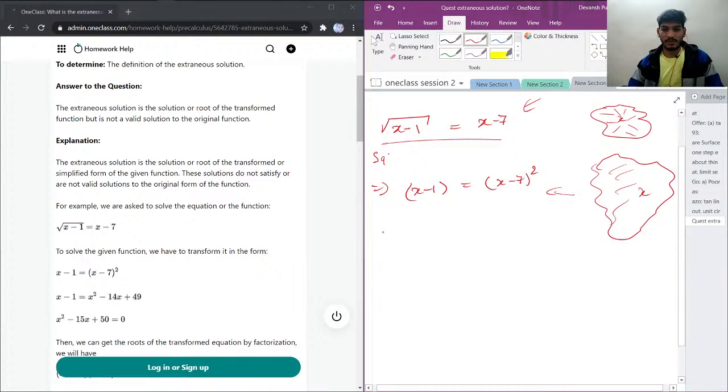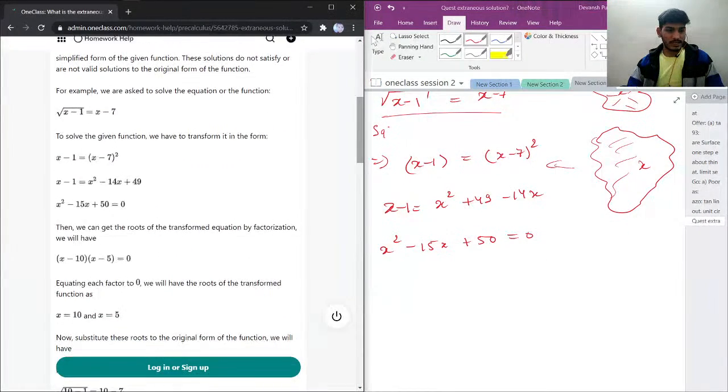So x minus 1 equals x square plus 49 minus 14x. I will subtract x minus 1 from both sides, and I will get x square minus 15x plus 50 equal to 0.